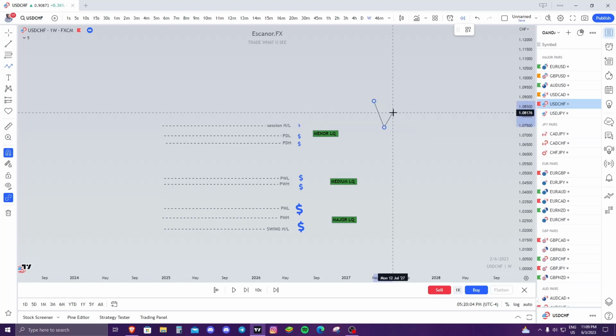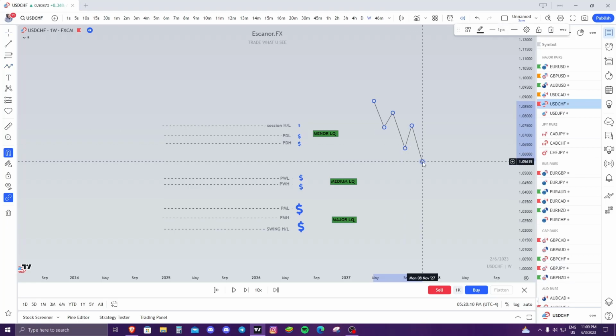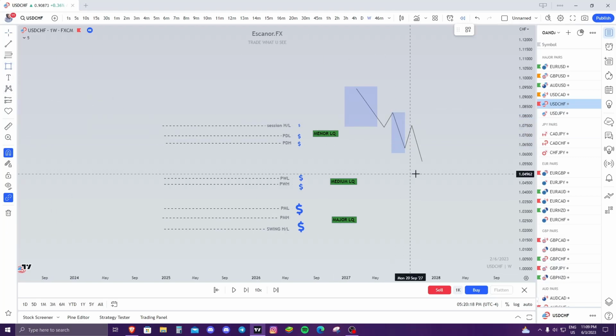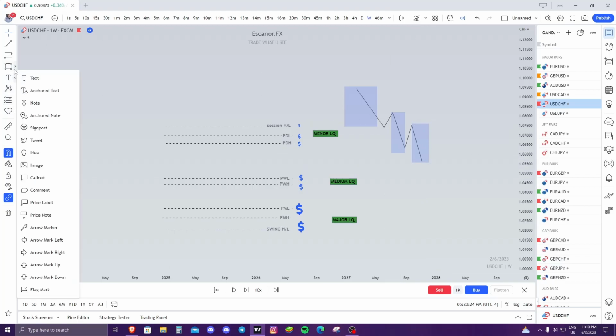Let's say this is the London session and the New York session. So let's say we have here the Asian session, and we have the London session and the New York session.